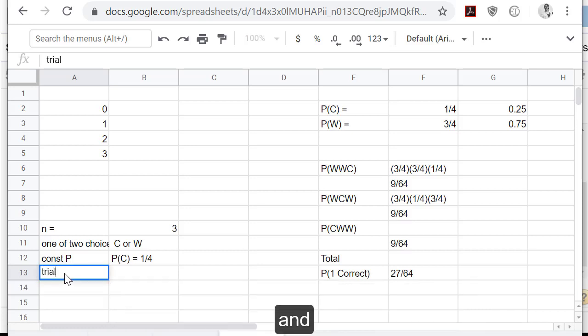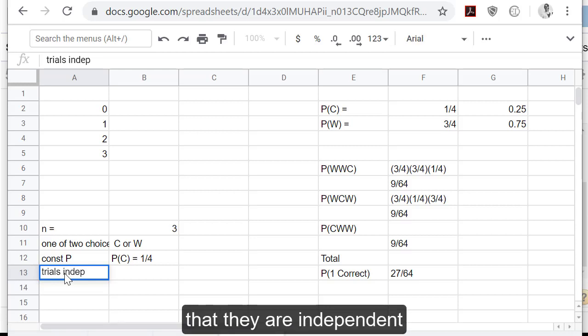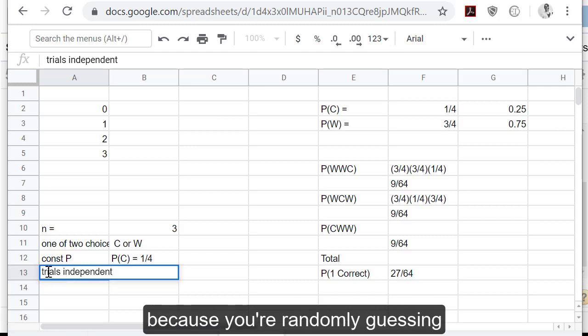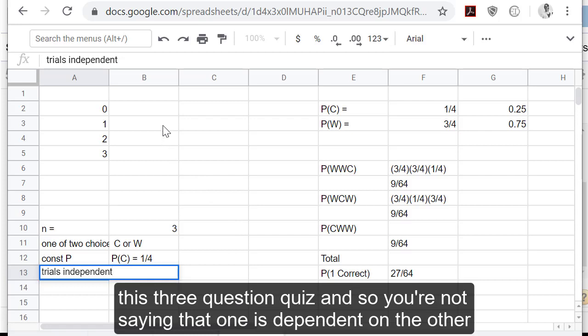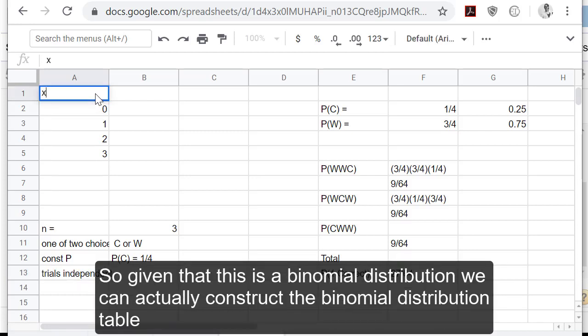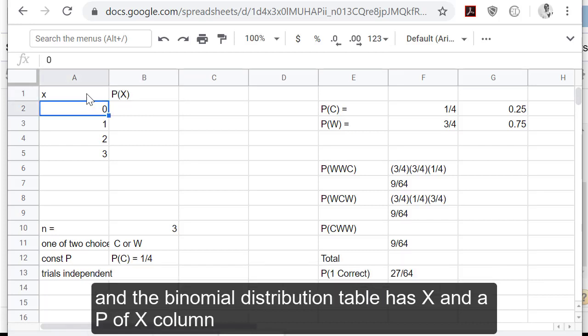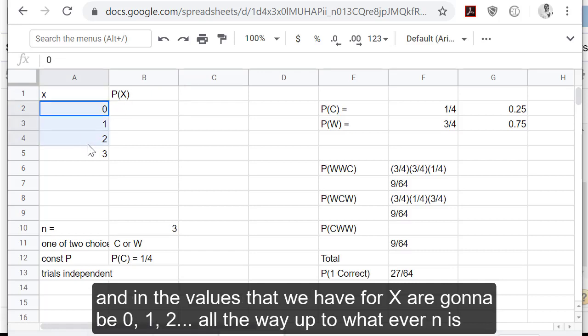We can say that they are independent because you're randomly guessing this 3-question quiz, so one is not dependent on the other. Given that this is a binomial distribution, we can construct a binomial distribution table. The table has x and p of x columns, and the values for x are going to be 0, 1, 2, all the way up to whatever n is equal to.